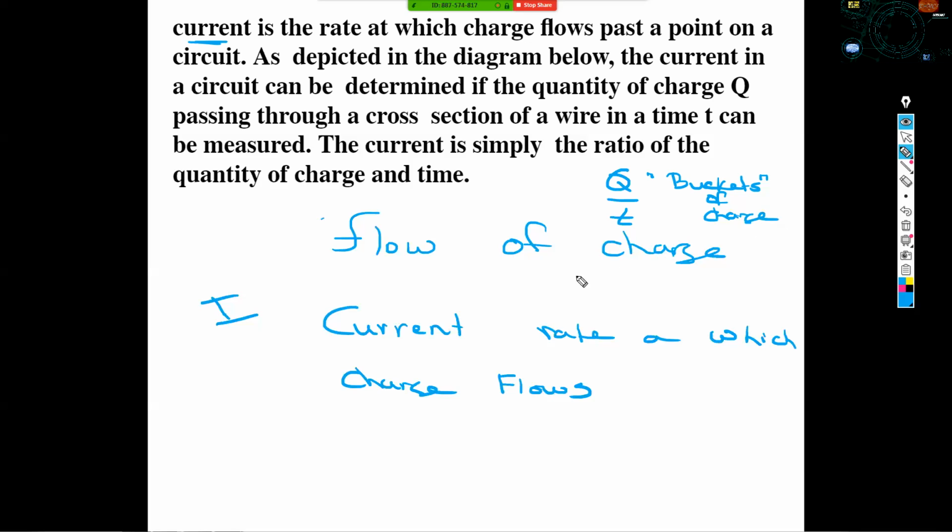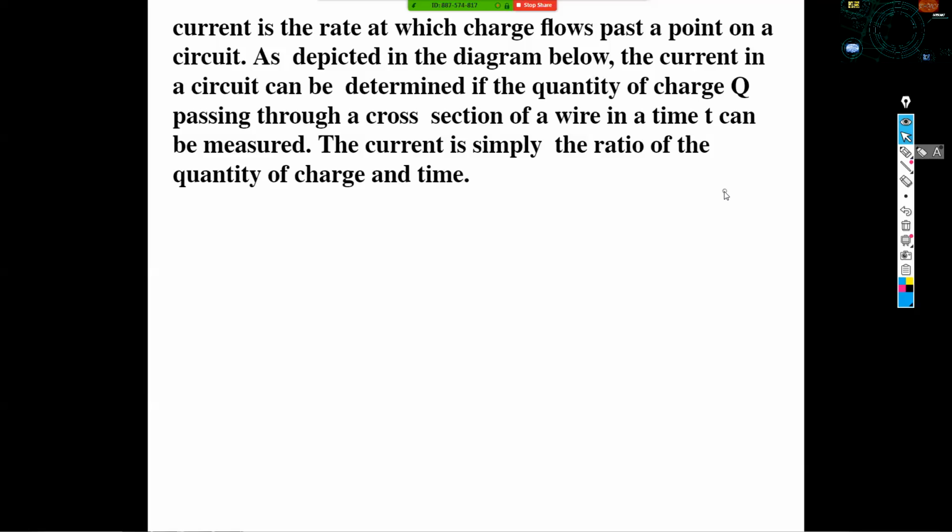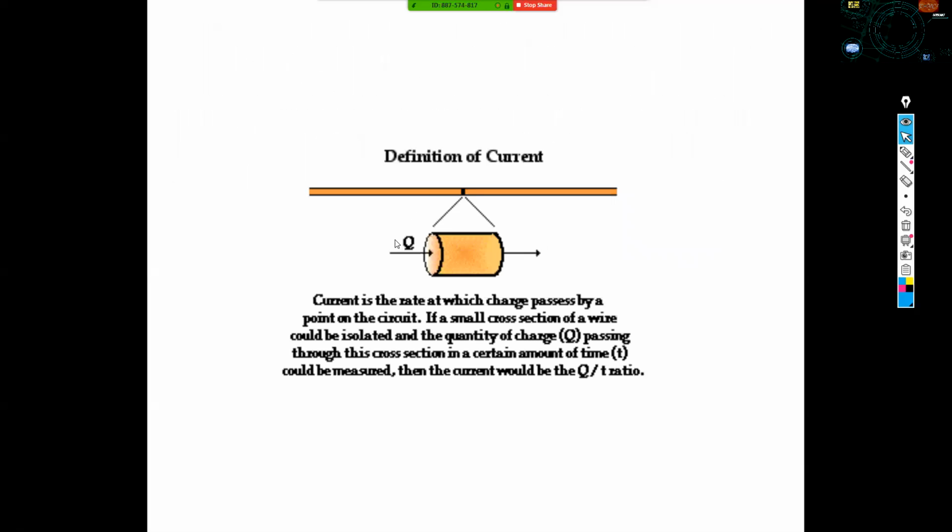When you talk about the flow rate on a faucet, your shower head, or a hose, it's measured in gallons per minute. It's not measured in water molecules. So it's the same type of thing. You have this bucket of charge, this gallon of water, flowing by in a certain amount of time. And again, it's simply a ratio of charge, the amount of coulombs per second.